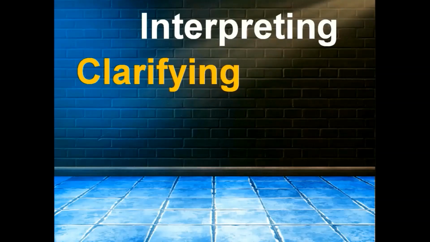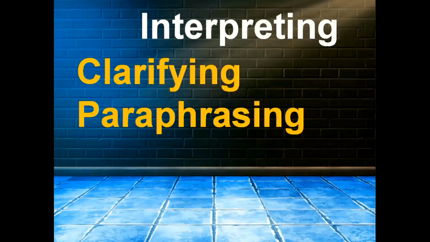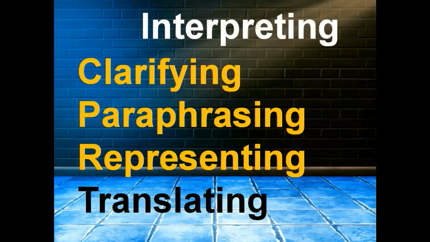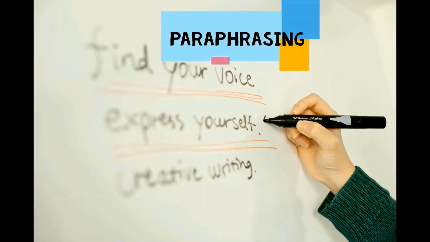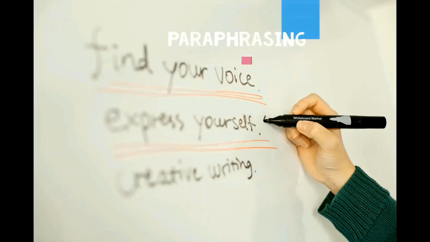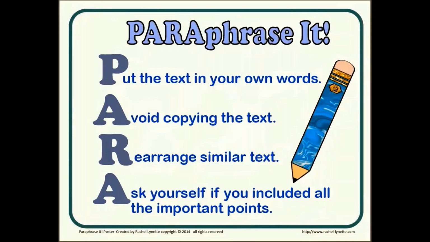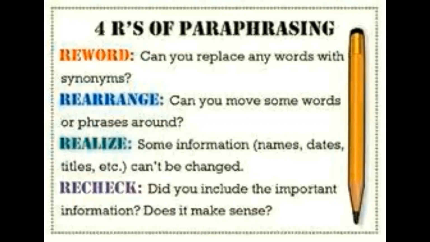It has the following alternative names: clarifying, paraphrasing, representing, and translating. Here we are elaborating the term paraphrasing. A paraphrase is a statement that says something another person said or wrote in a different way.